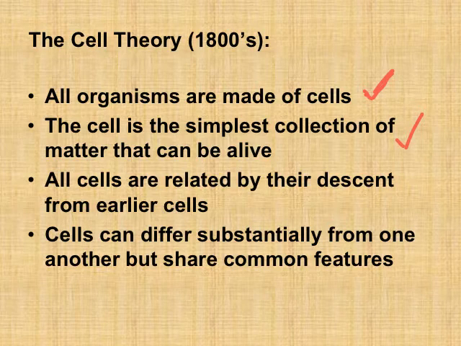They don't just appear from nowhere; they come from earlier cells. And cells can differ a lot in their characteristics and sizes, as we showed in the last slide, but they share a lot of common features. These are all components of the cell theory, and this is something you want to commit to memory. What are the different components of this theory?